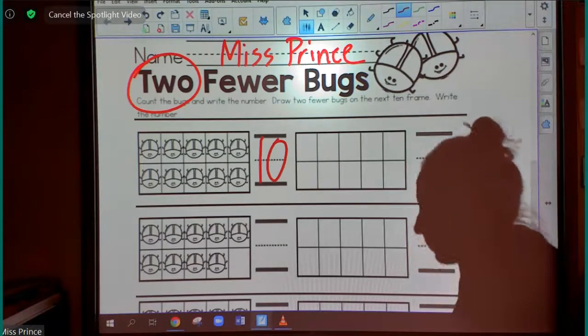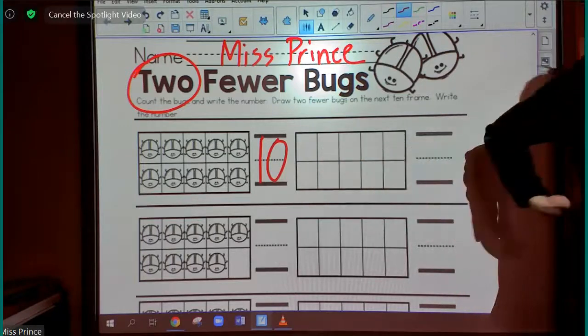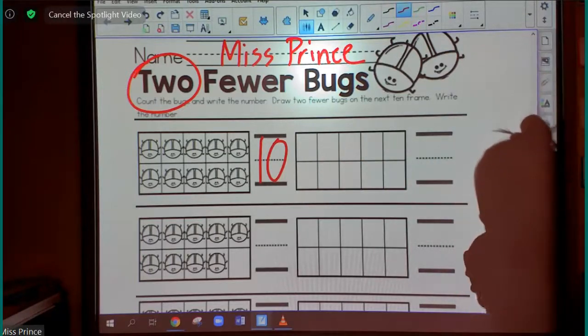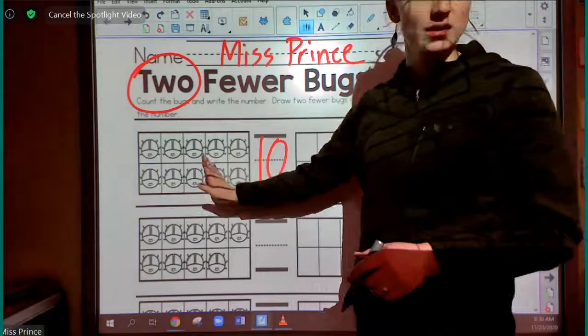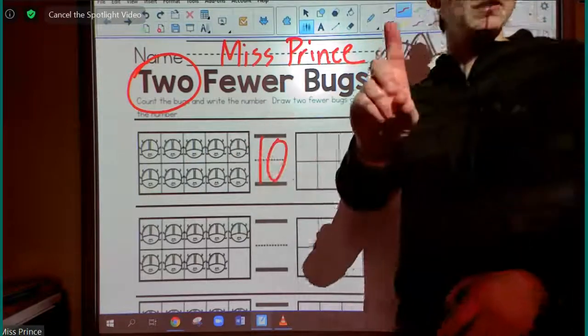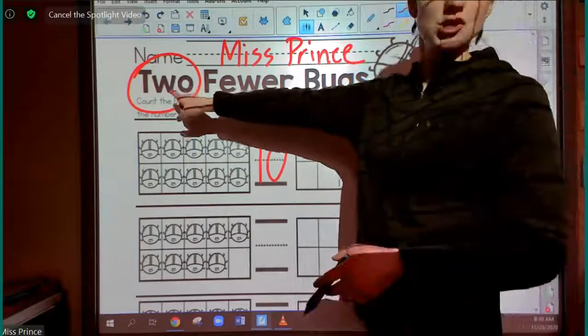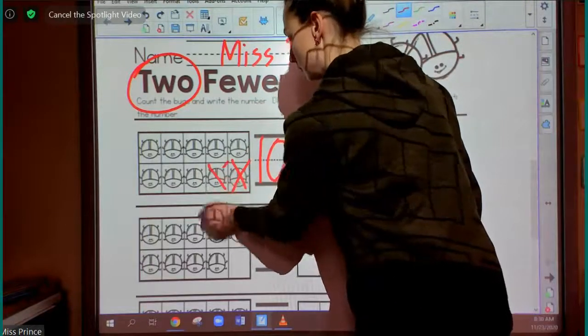Mason, can I have you help her out? How many would I draw over here? Let's keep drawing the crossing out, because I think that'll help you guys out. So instead of getting rid of just 1, Mason, this time we're getting rid of 2. 2 fewer. So watch what I do.